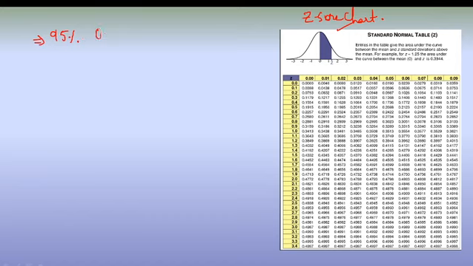What do we mean by 95%? It means 0.95. Look over here: the value of x for 0.95 comes around 1.65.